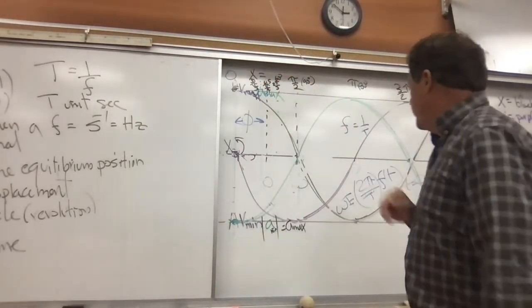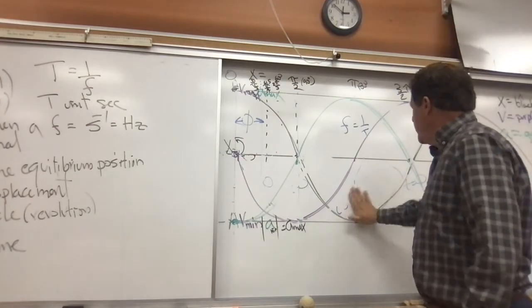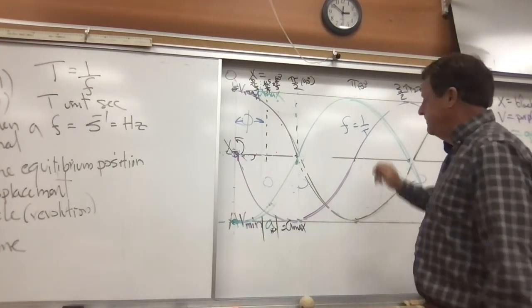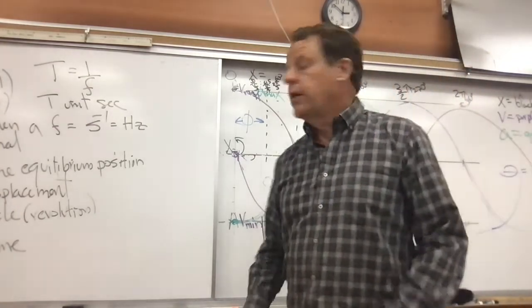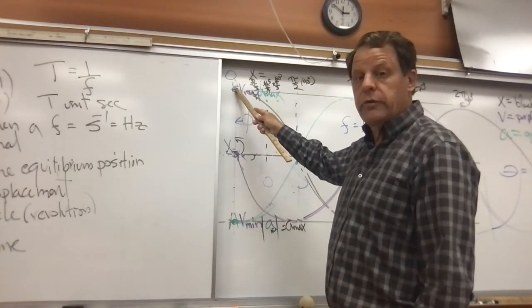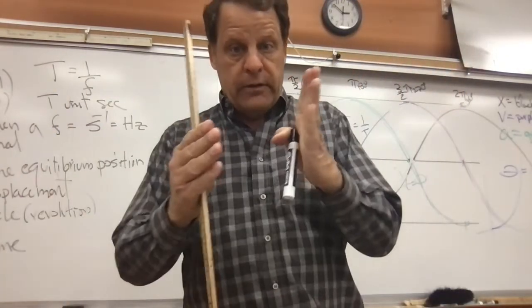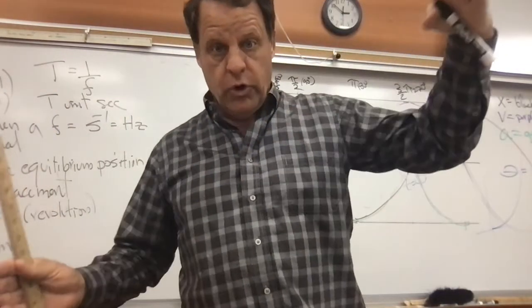All right. So if we think about now the acceleration, we already talked about the acceleration being the max there because that's where the spring is at its maximum compression or stretch.